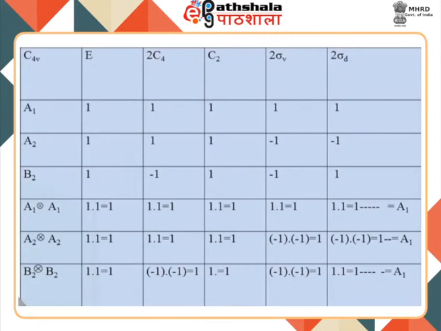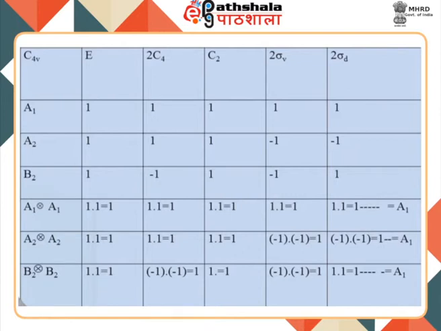Now, the direct product of an irreducible representation, say one dimension, with itself will contain the totally symmetric representation. That is, we can take the direct product of A1, A1, A2, A2, B1, B2, we will get the result as A1, as shown in this table over here.